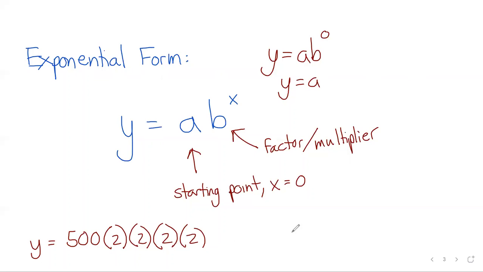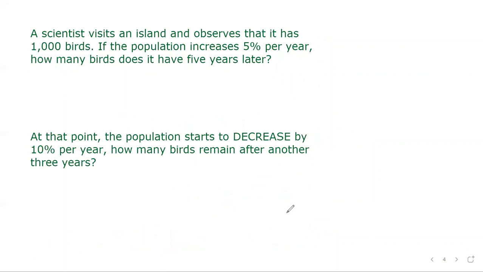So that would be after 4 years. In other words, what we're saying is we're starting at 500 and we're just multiplying by 2, 1 time for every year. So if it's 4 years, we multiply by 2 4 times. That's what exponential form is. So let's apply that to some questions now.